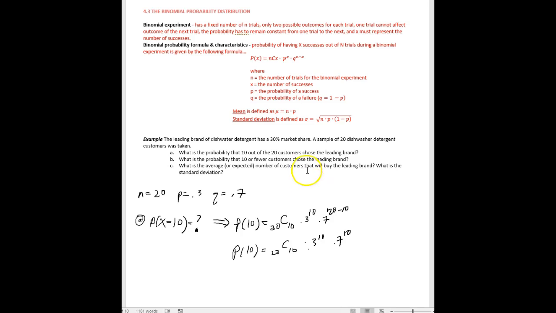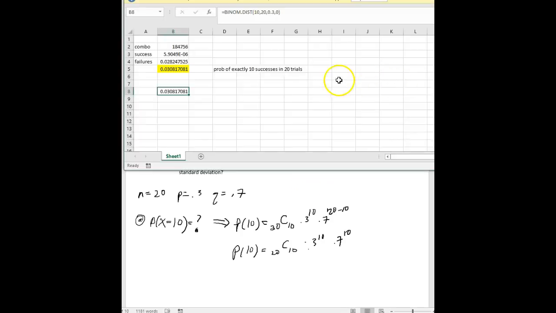So here's a couple ways to do it. You wouldn't even use the hand calculation method that I talked to you about. One, you could use an Excel way. This is if you're doing it on a quiz or in a project or something like that, not a test. You're not going to be able to access Excel in a test.